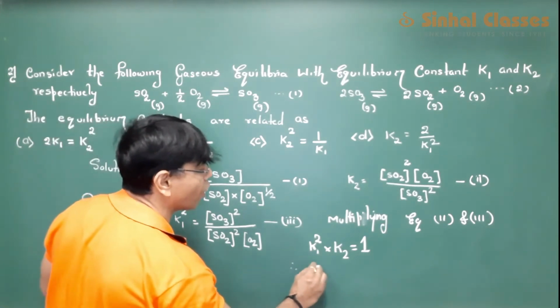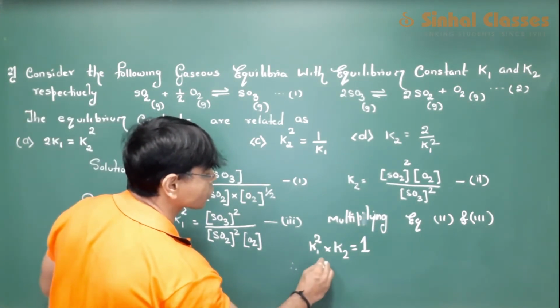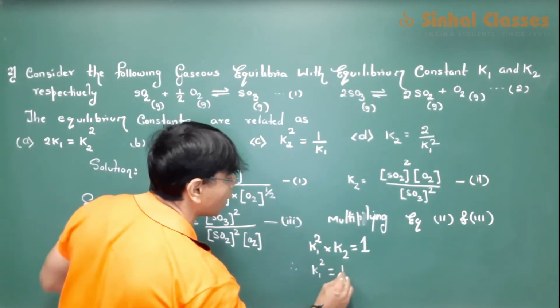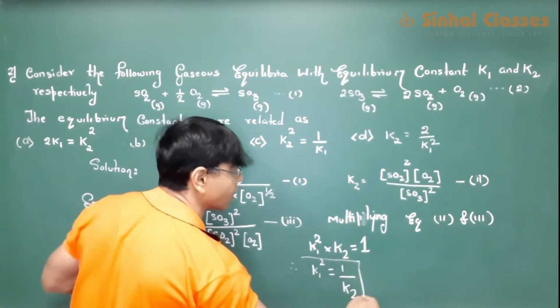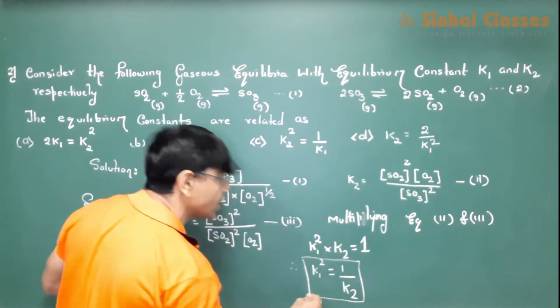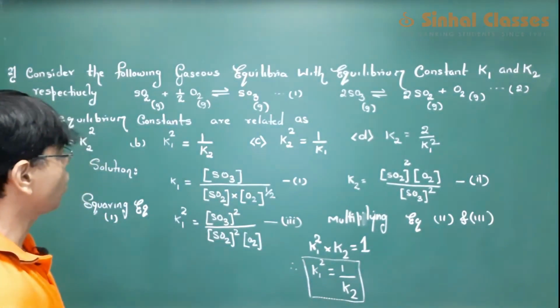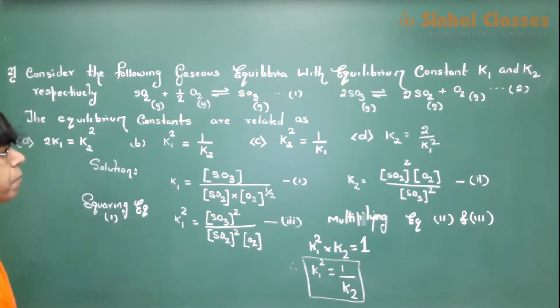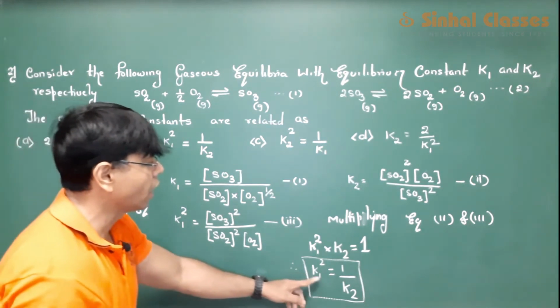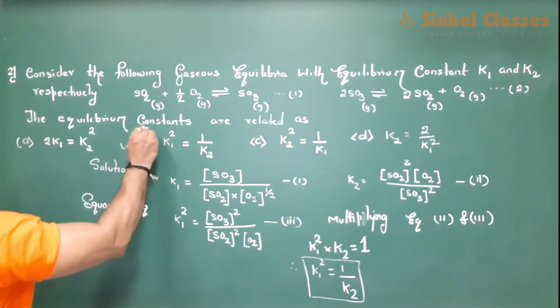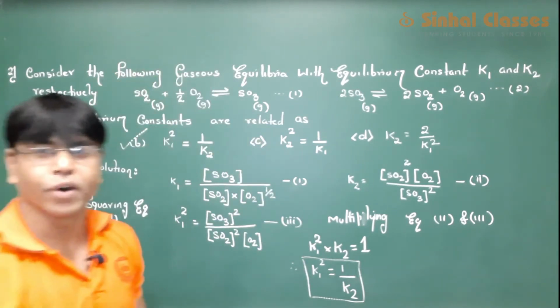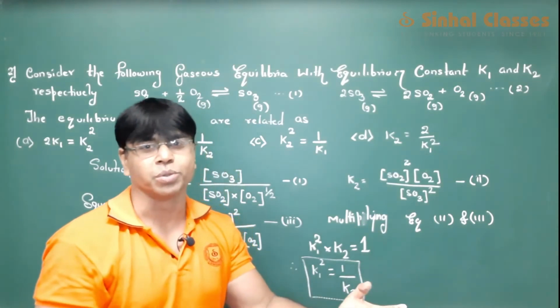Therefore, K1 square will be 1 upon K2. This is the relation between K1 and K2. So your option for this will be K1 square should be equal to 1 upon K2. So your answer is B for this question number 2.